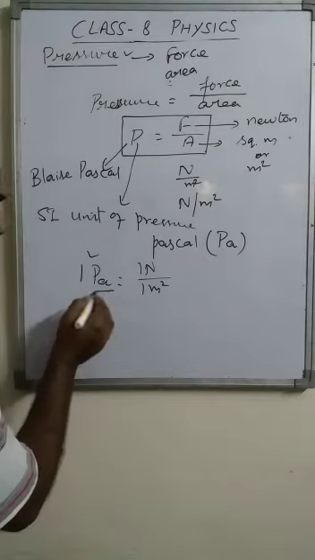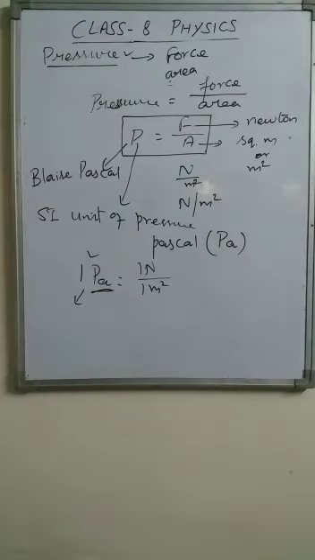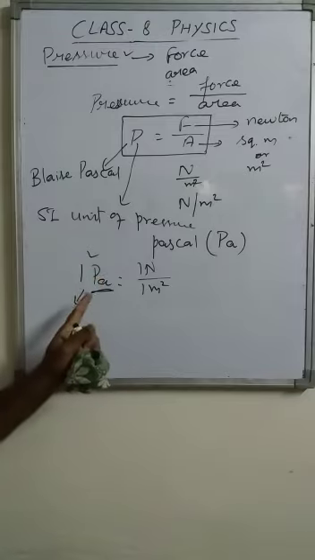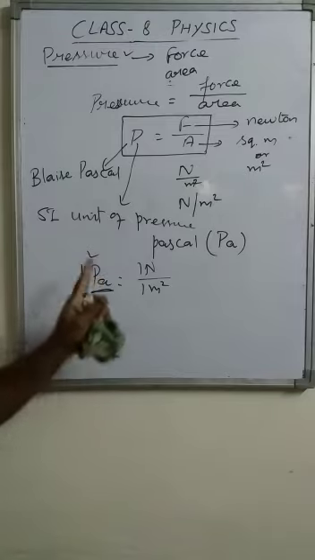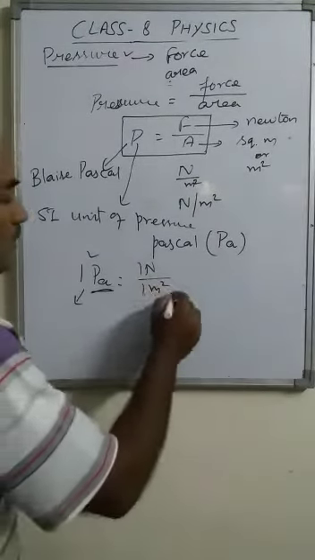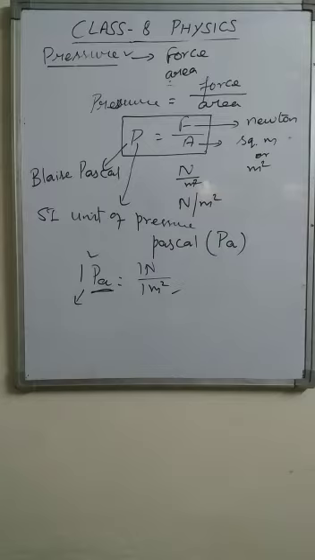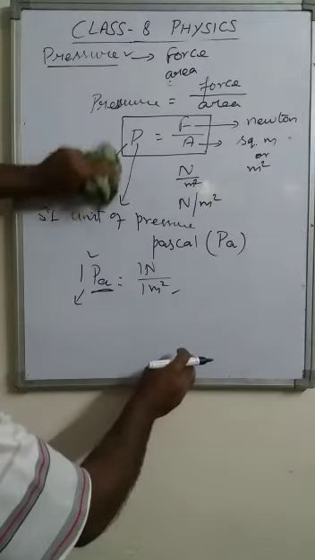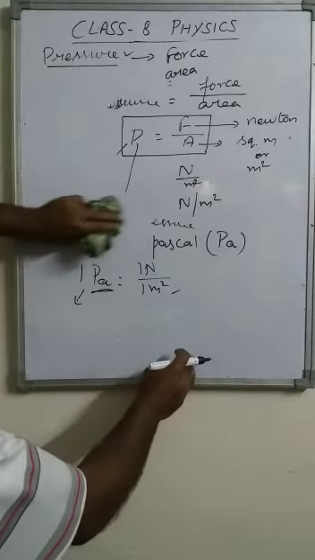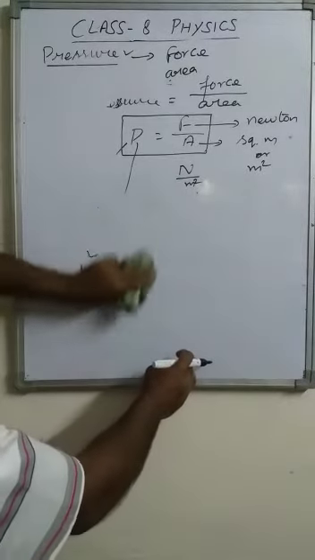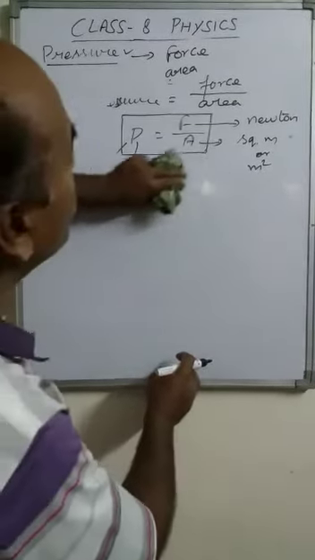The pressure applied on any surface is said to be 1 Pascal when 1 Newton force is applied on 1 meter square area. This is one important term that we have to remember, because in many daily life activities, this pressure term is used.